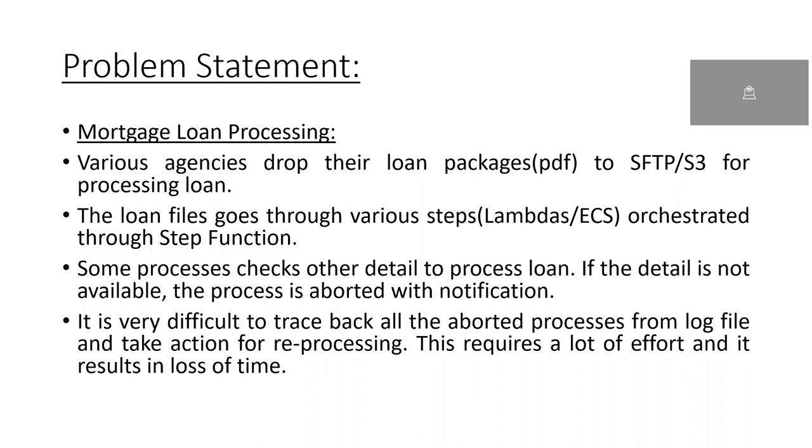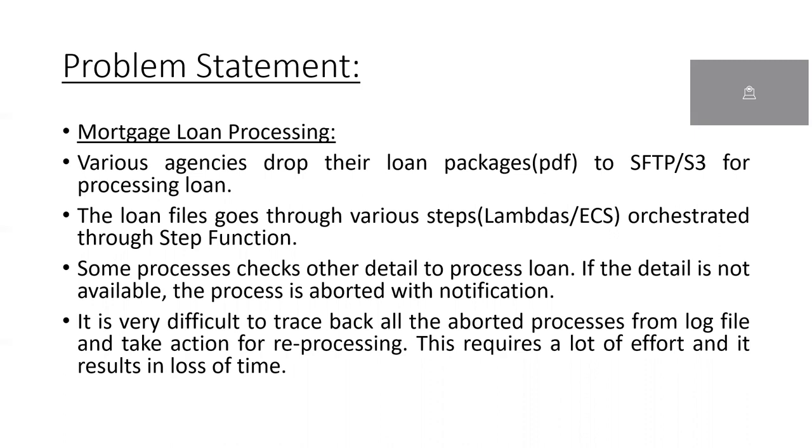Say, for example, the loan is not registered, but still it has started processing because the loan process was started. So what used to happen? The loan used to abort, and then it was very difficult to find from the log which loans failed and why they failed. It was a very time-consuming process.